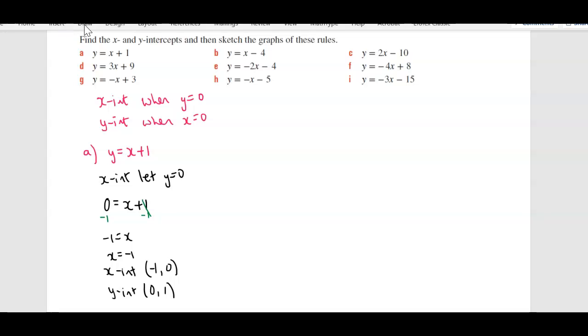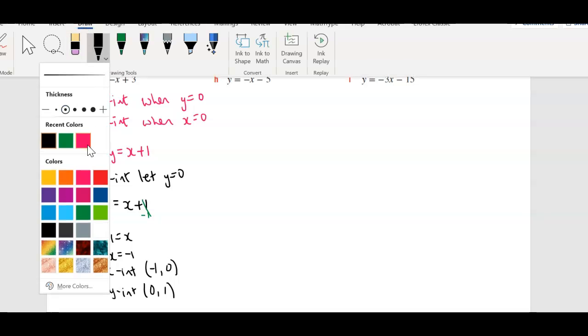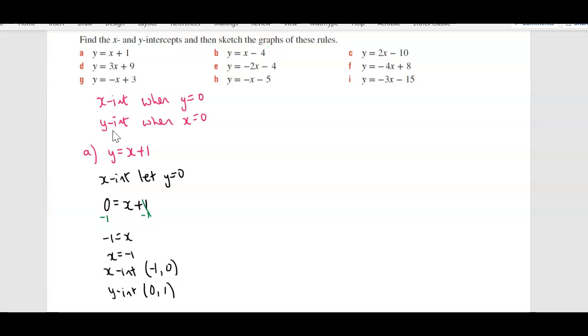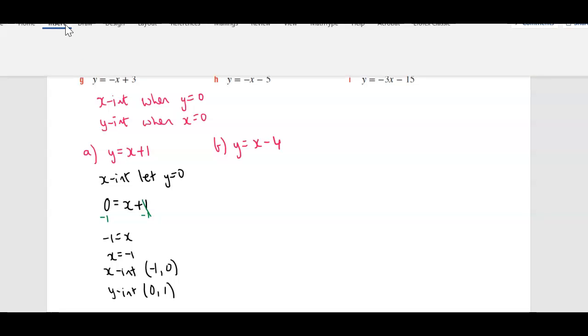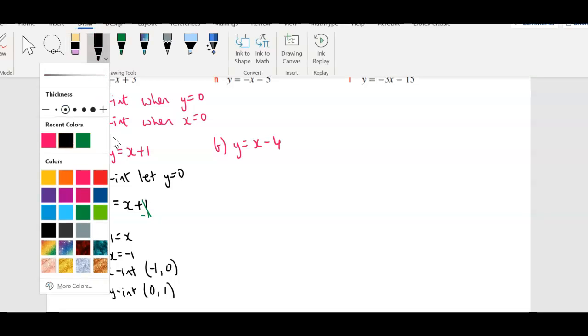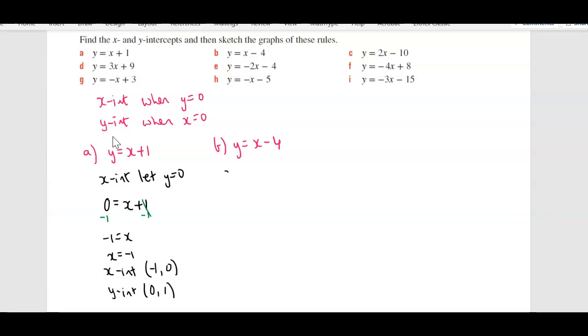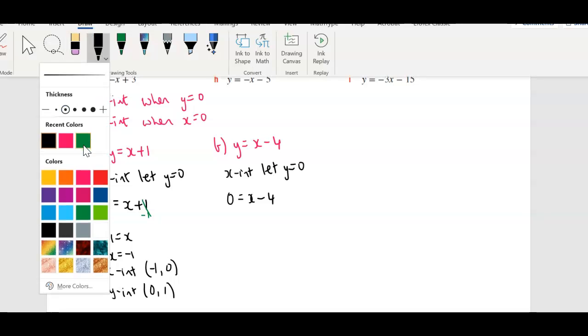Let's just do the next one. So B, we've got y equals x minus 4. We're going to find the x-intercept, so we're going to let y equal 0. Y will always have to be 0 for your x-intercept. So we've got 0 equals x minus 4. And then we just solve that algebraically.